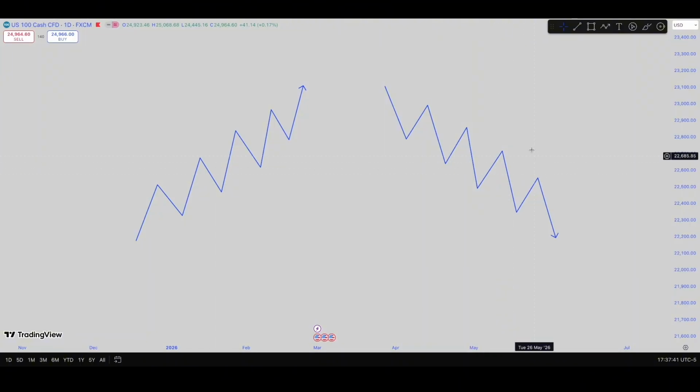Now we understand how to identify uptrends, downtrends, and also consolidations, with relative equal highs and relative equal lows, not really going anywhere.